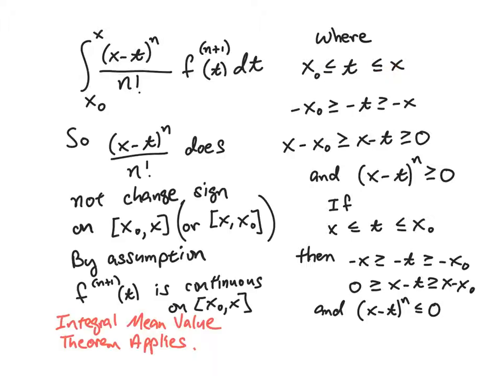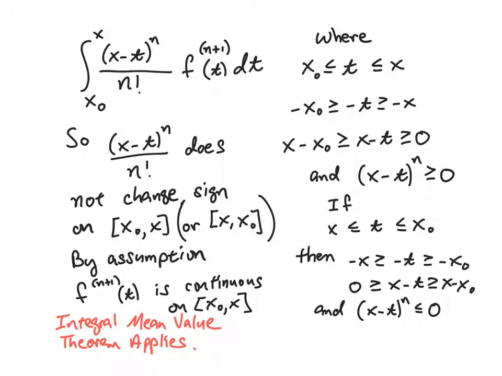All right, let's proceed. So this term here, as I promised, does not change sign on this interval, or likewise if you needed to switch direction, it doesn't change that. And by assumption, this term here is continuous. Otherwise, we wouldn't be doing the Taylor series expansion. So that means that the integral mean value theorem for definite integrals applies.